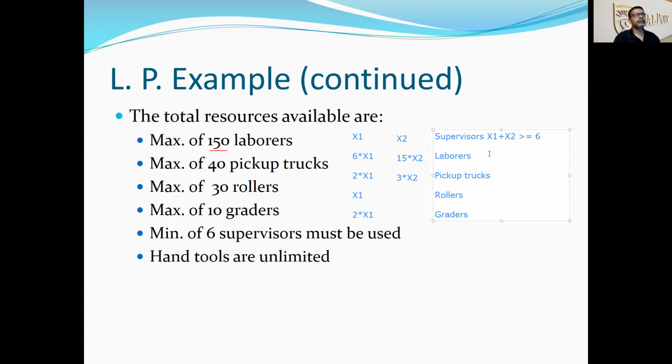So this would be 6x1 plus 15x2. Sorry, the order is a little bit messed up here. It should be less than or equal to 150, because you can only employ 150 laborers. So that's my labor equation. Pay attention to the write up here.